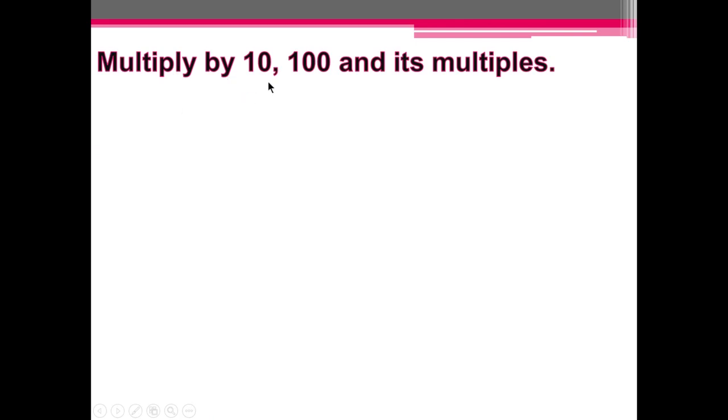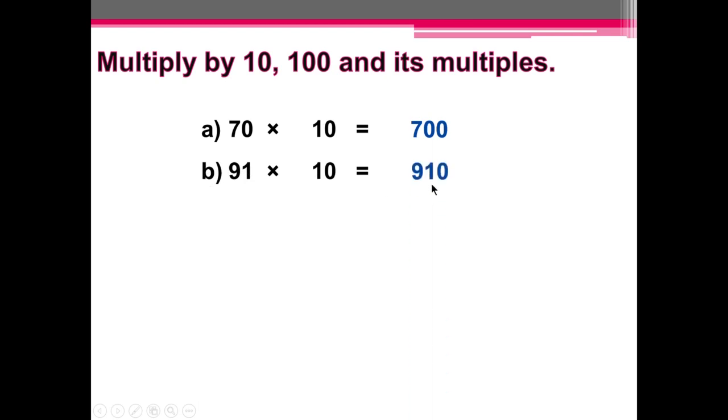That is, multiply by 10, 100 and its multiples. You have to tell me. Okay. First one, 70 multiplied by 10 is equal to, very good, 700. Next one, 91 multiplied by 10 is equal to, very good, 910.